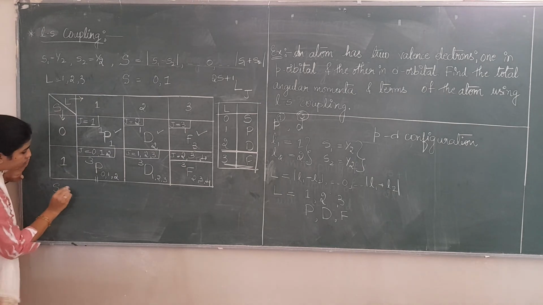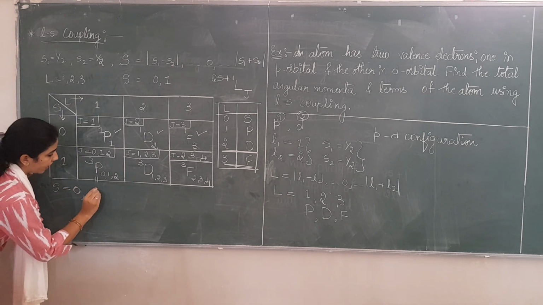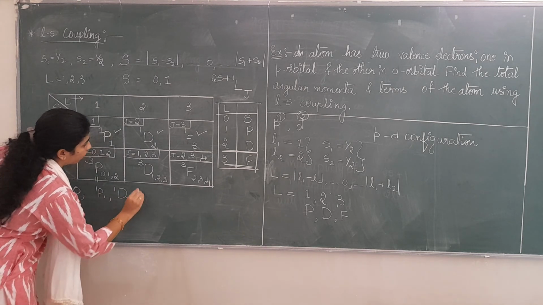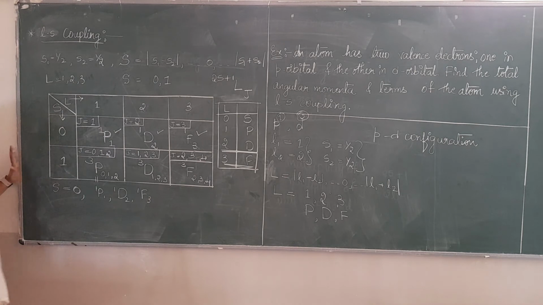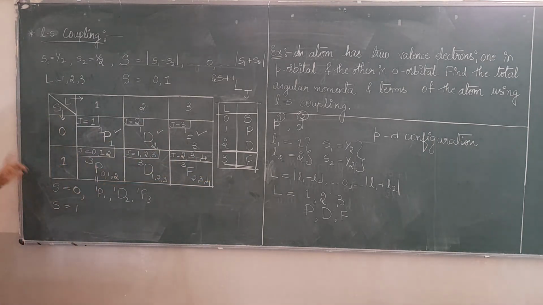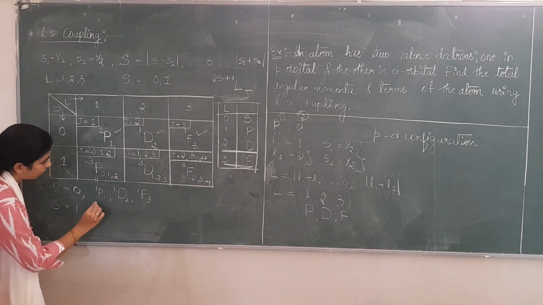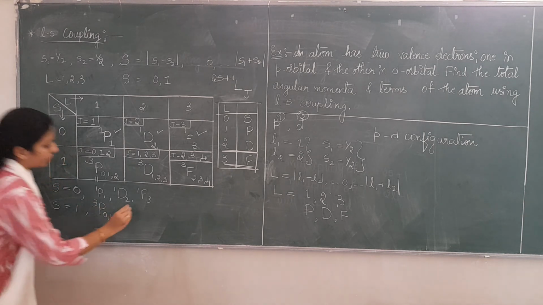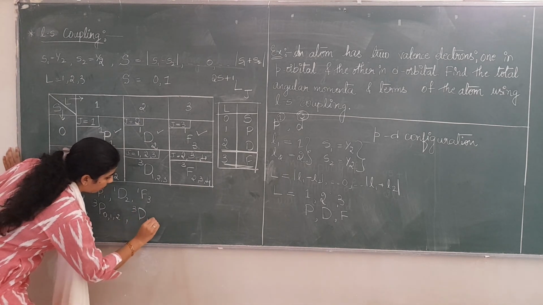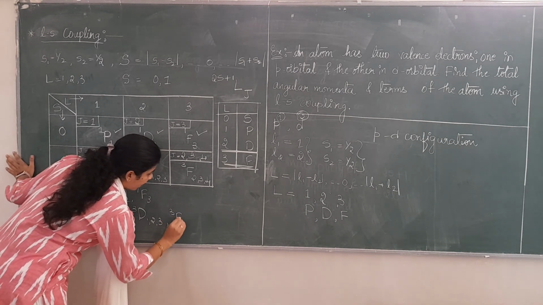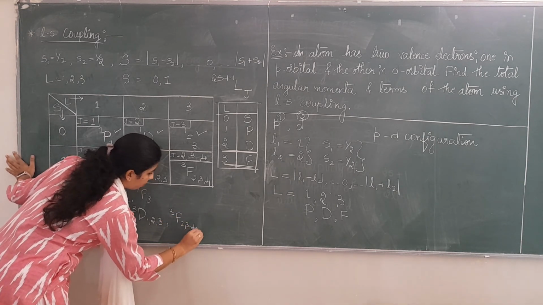So for S is equal to 0, the term values we have are 1P1, 1D2, 1F3. Now for S is equal to 1, how many term values? 3 plus 3 plus 3. Totally 9 term values. Those are 3P 0, 1, 2, 3D 1, 2, 3, and the last one 3F 2, 3, 4.